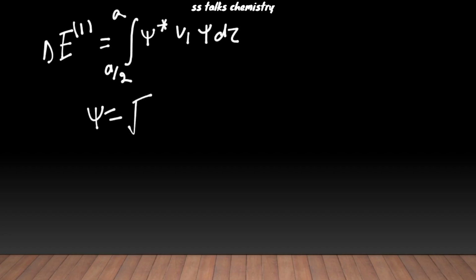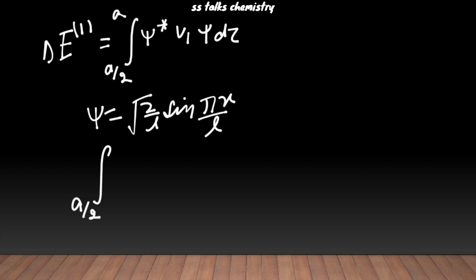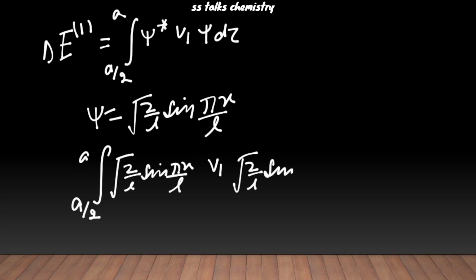Now the wave function is root of 2 by L sine of pi x upon L, right? So substitute the values. From A by 2 to A, it is root of 2 by L into sine of pi x upon L, into V1, into root of 2 by L into sine of pi x upon L, into dx.